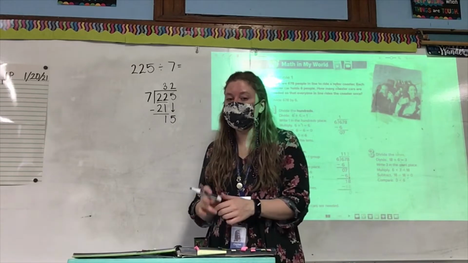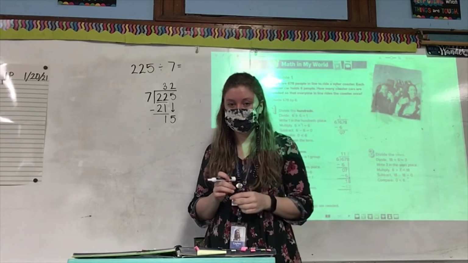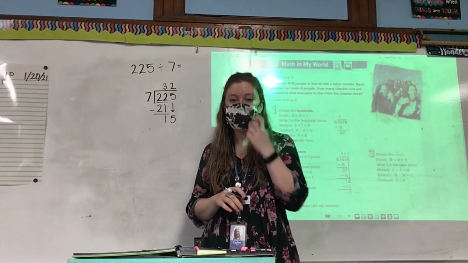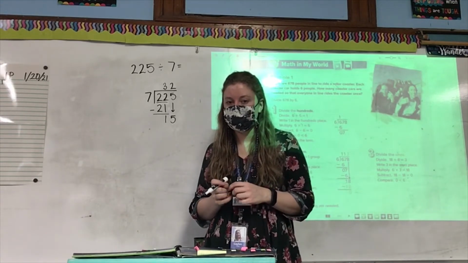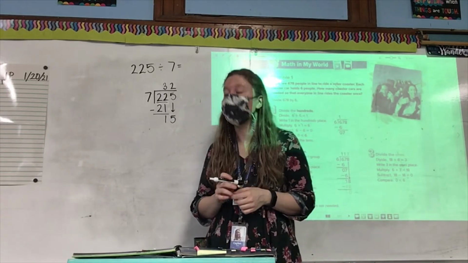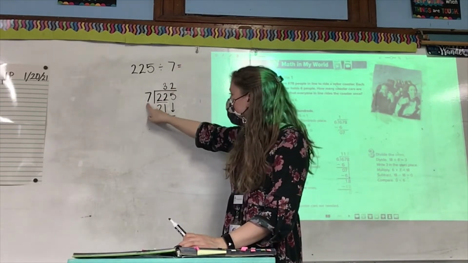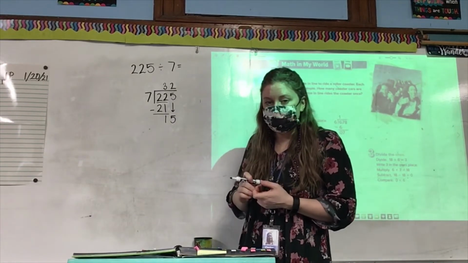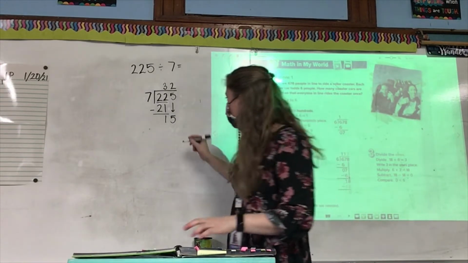No. We multiply the digit we just got by the divisor. So we multiply the digit we just got, 2, by our divisor, 7. Zari, 2 times 7 is what? 14.